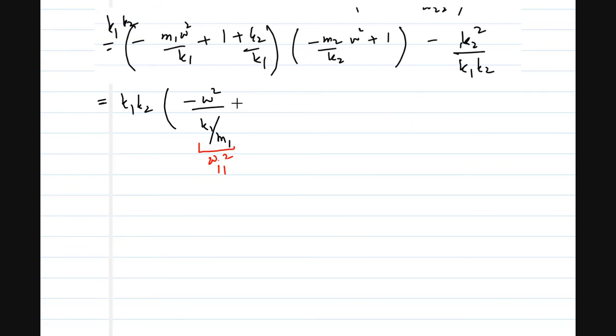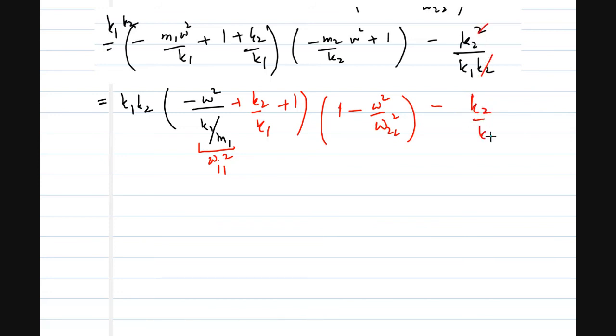Clear? Plus k2 over k1 plus 1, and it's the same thing, 1 minus omega square over omega 22 square, the same way we did in solving the numerator. Divided by, k2 is cancelled with the square, you get k2 by k1. So this is your solution for the denominator.